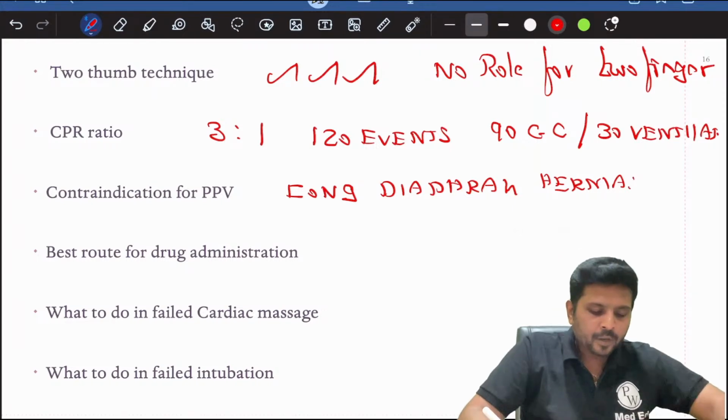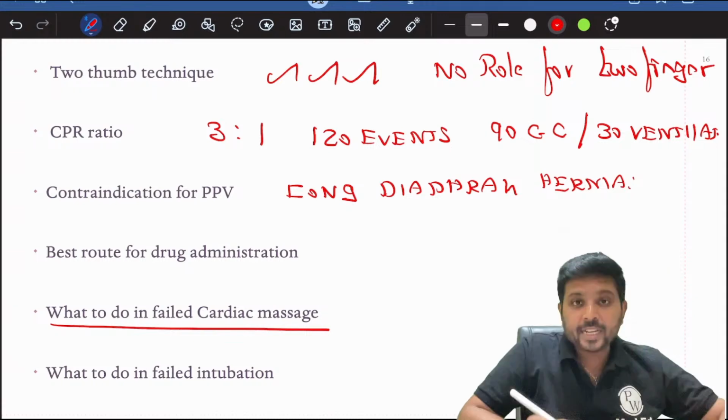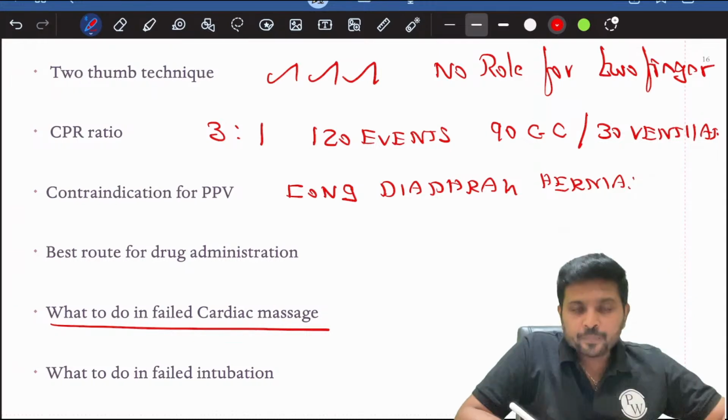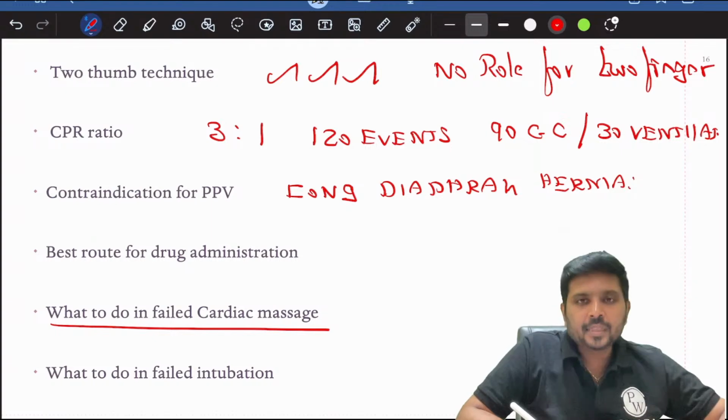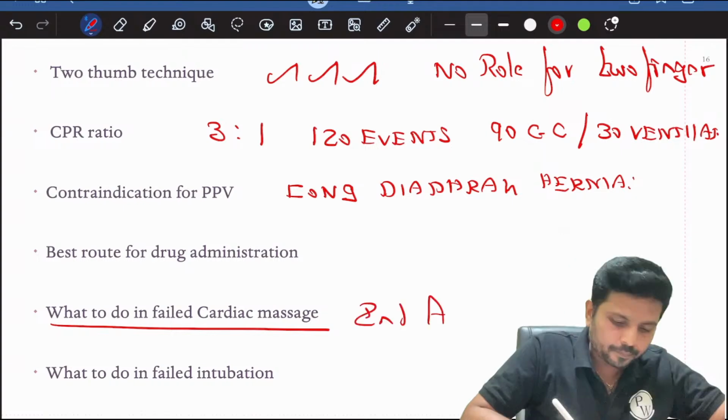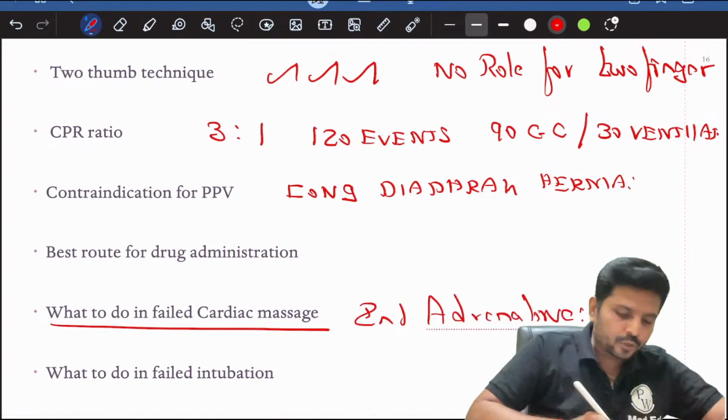What if the massage fails? Despite 1 minute of successful cardiac massage with 90 chest compressions and 30 ventilations in a 3:1 ratio, you need to go for injection. The best route is what?